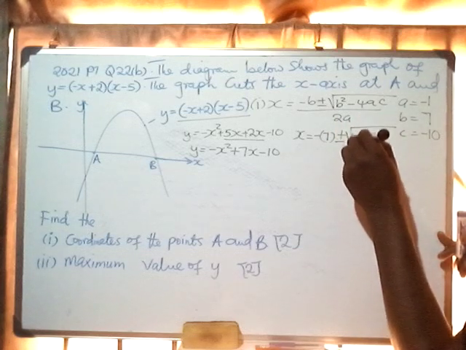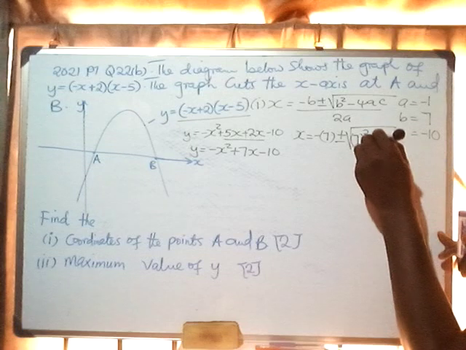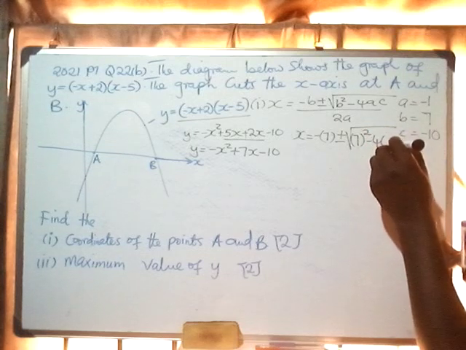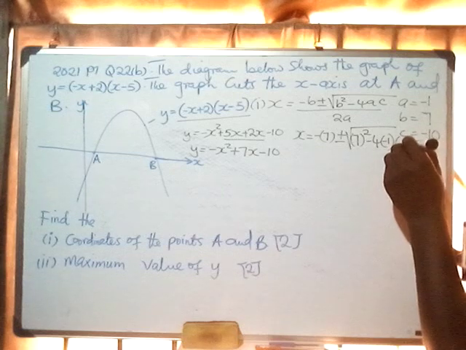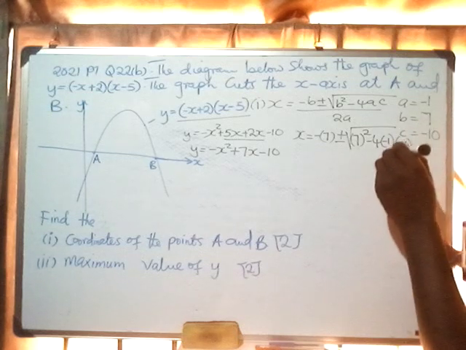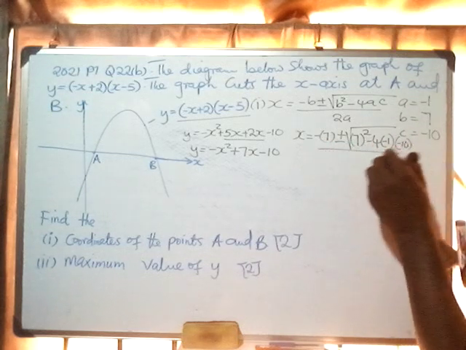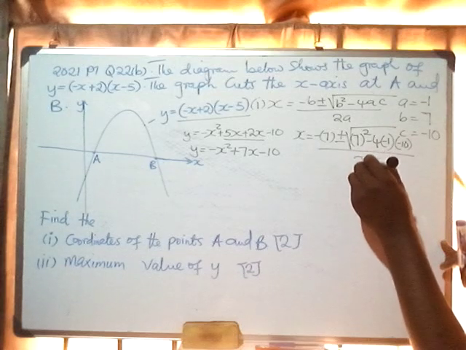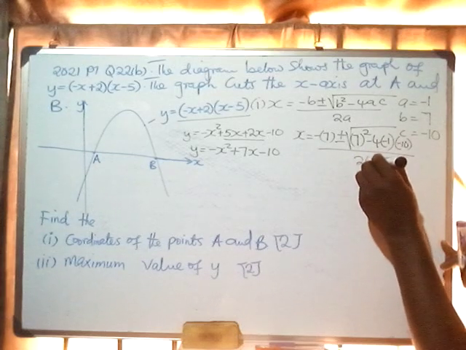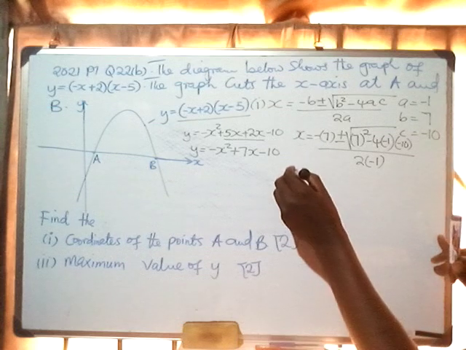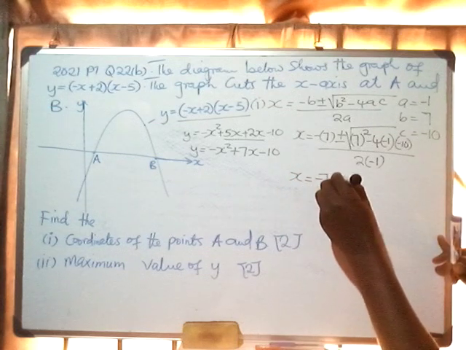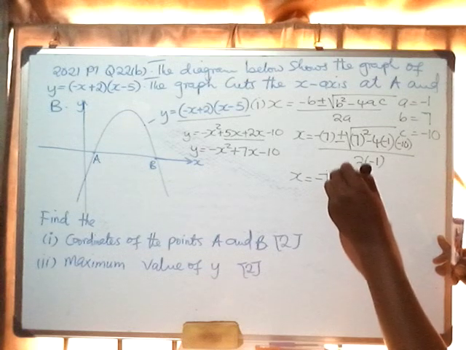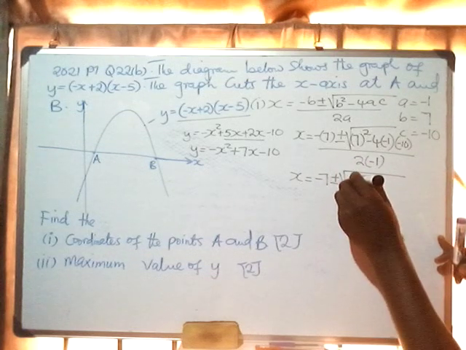7 squared minus 4 open bracket, we have negative 1, then the other one is negative 10, then everything over 2 times negative 1. So x is equal to negative 7 plus or minus the root of 7 squared.